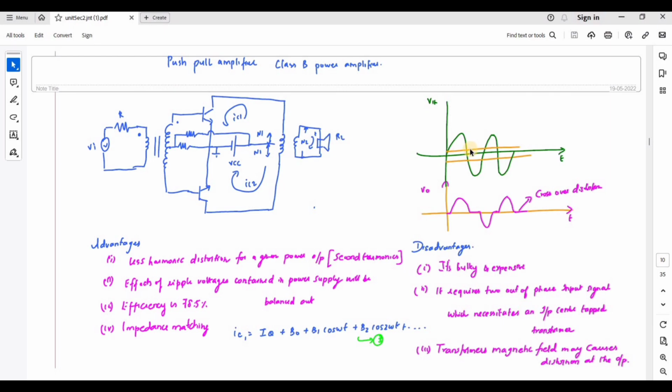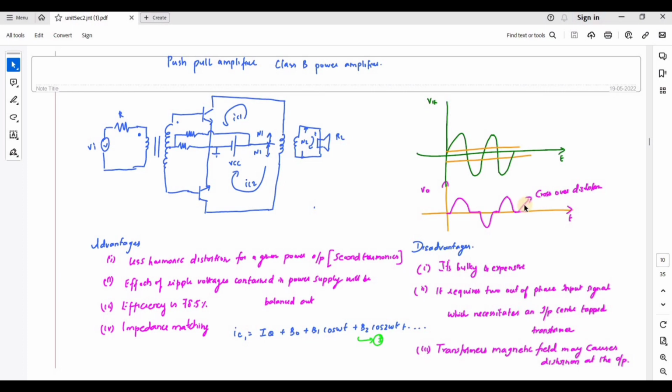Because of this, there is a time interval between the positive and negative alternation of the input signal when neither transistor is conducting. So till this point you will not get any output. If this is 5 and this is minus 5, you will get 4.3 and minus 4.3. This distortion is called crossover distortion.